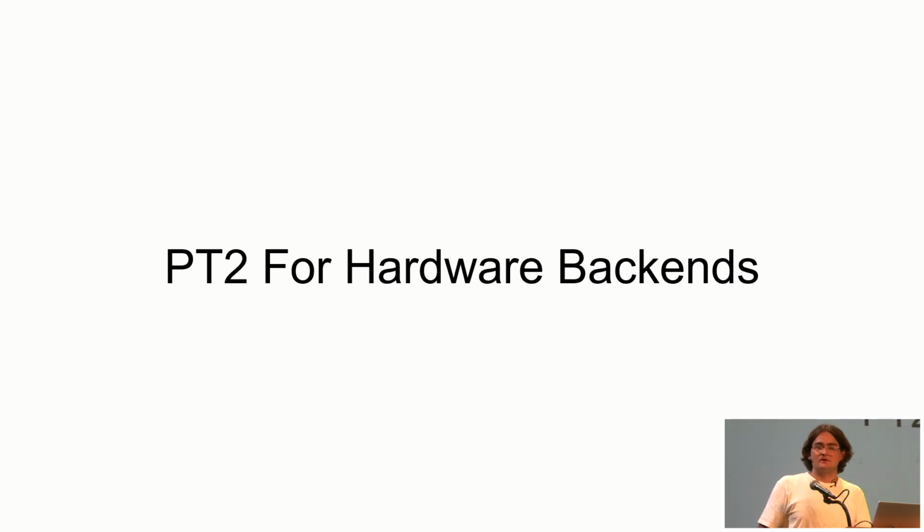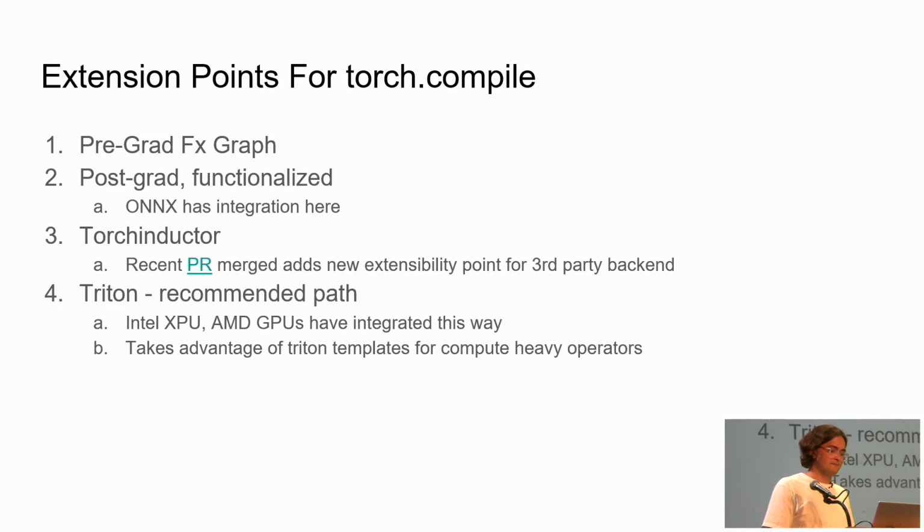So PT2 for hardware backends. There's a number of different extension points that you might tie into. So the first is the pre-grad FX graph, which I wouldn't really recommend because it has implicit in it the mutation and AOTAutograd semantics and unnormalized form, but you could do it.